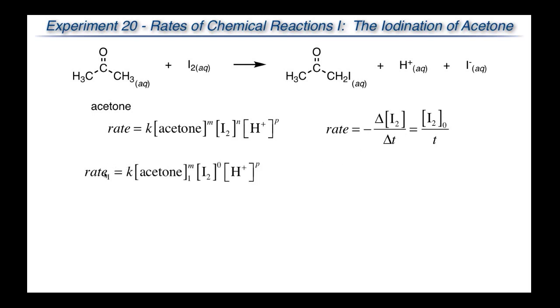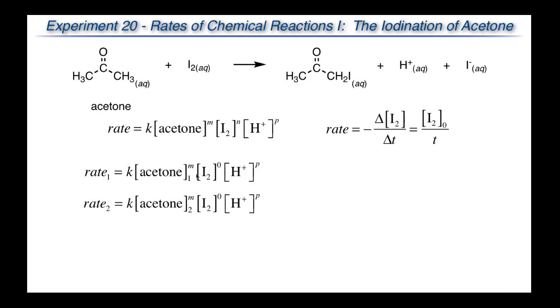Writing out the rate law once again under conditions 1, so rate 1 equals the rate constant times the molar concentration of acetone under the first set of conditions raised to the m power times the molar concentration of iodine raised to the 0 power because it is zero order times the molar concentration of hydrogen ion raised to the p power.